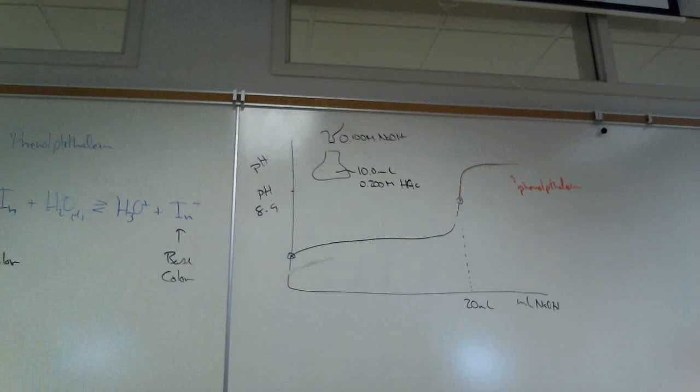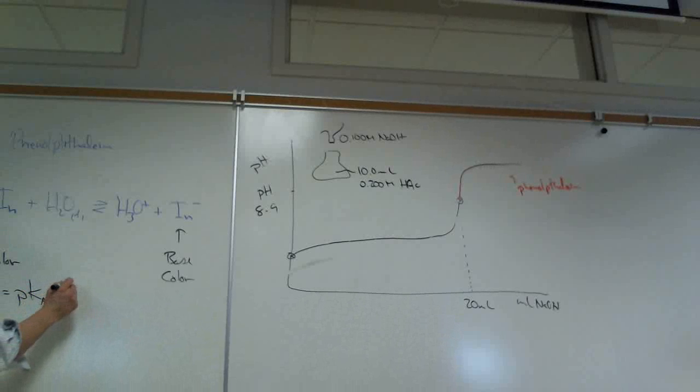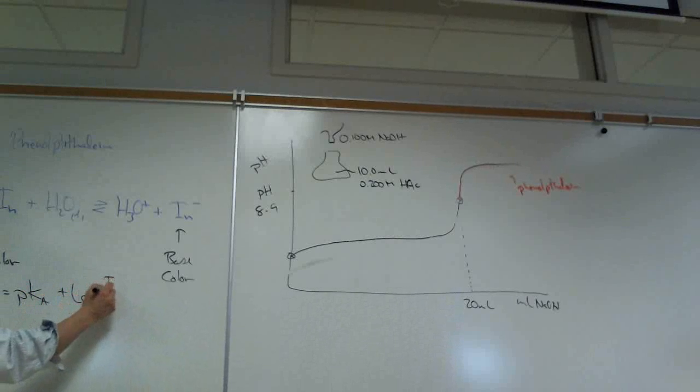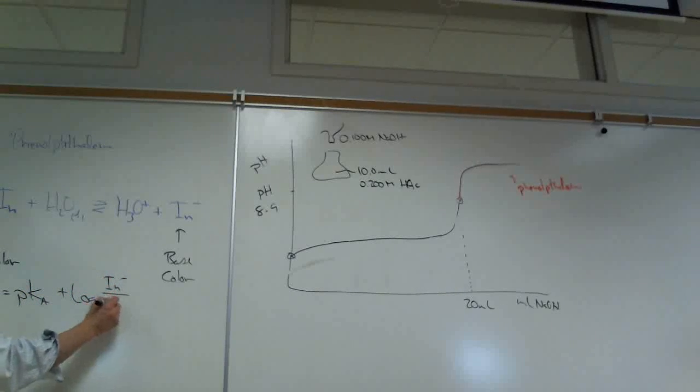Now, this type of equilibrium we can describe in terms of this. If we have significant amounts of both, then it's a weak acid and its conjugate base, and the pH dependence can be looked at in terms of the base to acid ratio.